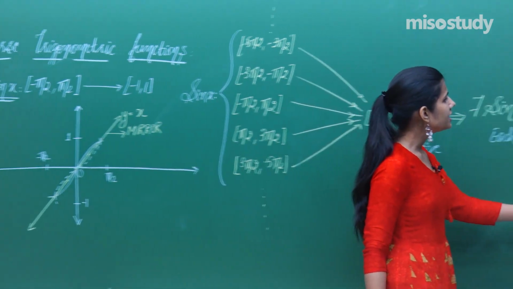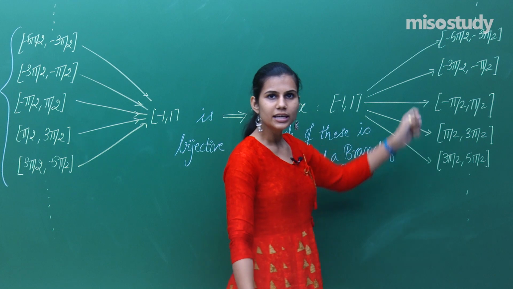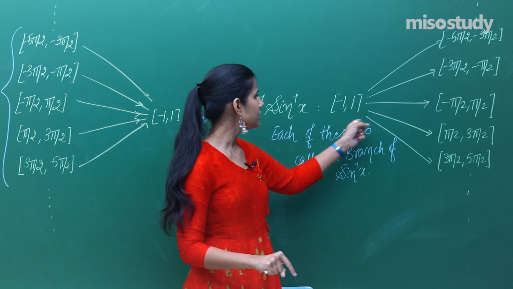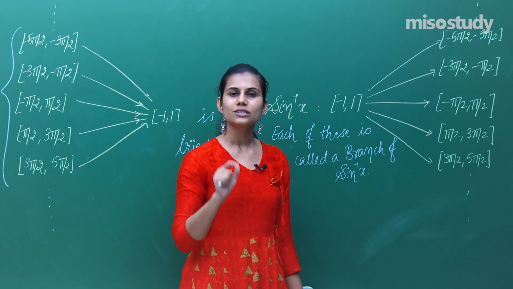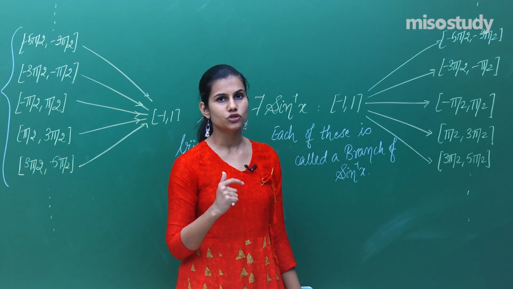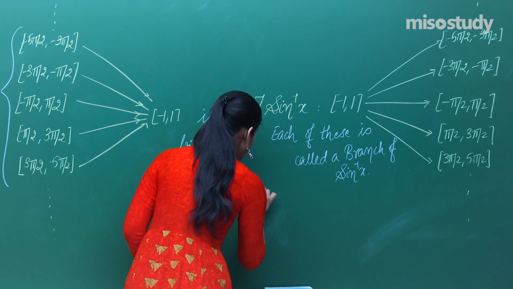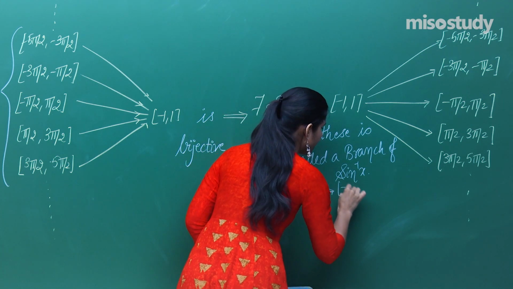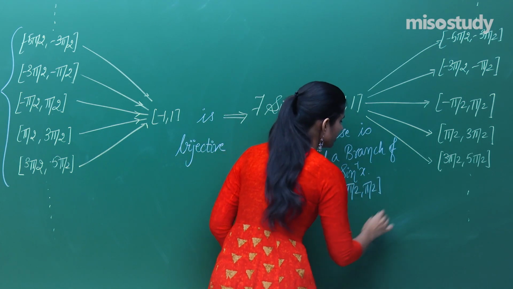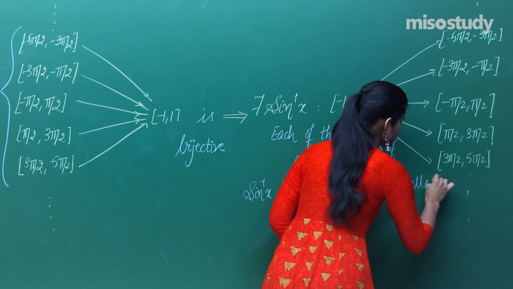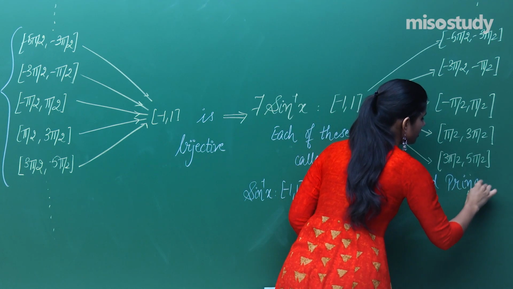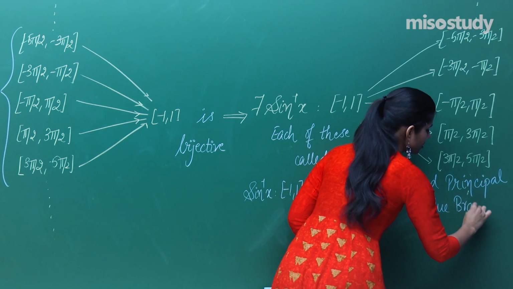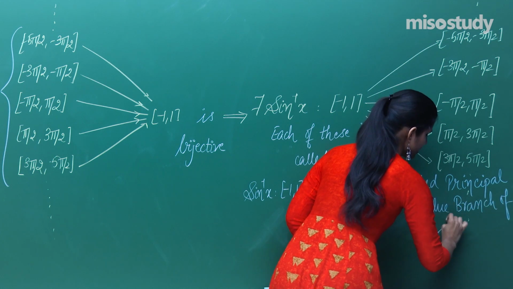That is why each of these is called a branch of sine inverse function, but the branch which we considered, from [-1, 1] to [-π/2, π/2], is called the principal value branch of sine inverse x.